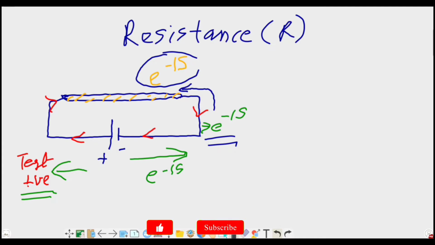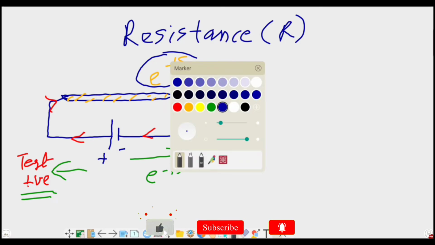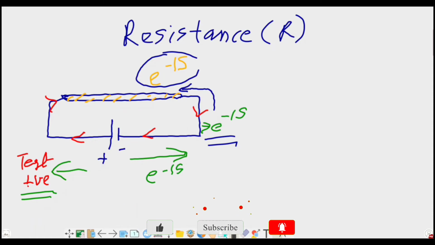But at this junction, they are obstructed by the electrons of this conductor. So the obstruction provided by the electrons of the conductor indicates the resistance of the conductor.